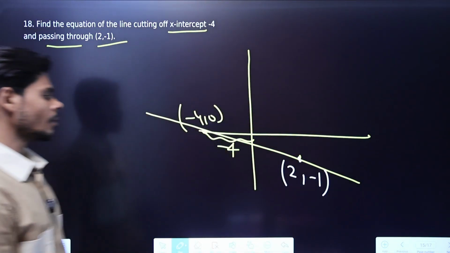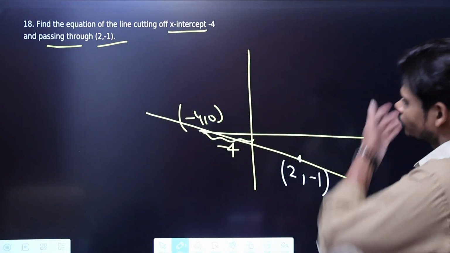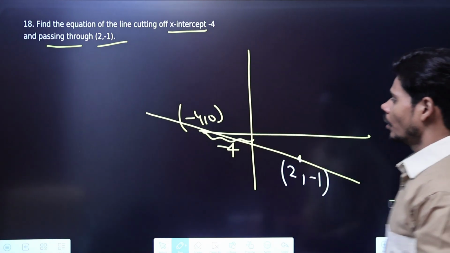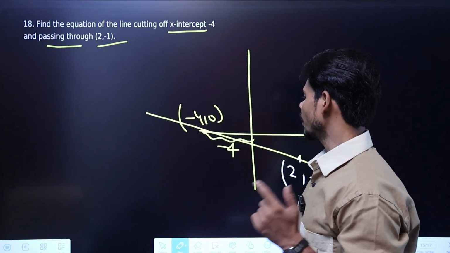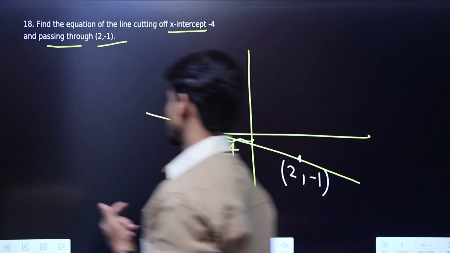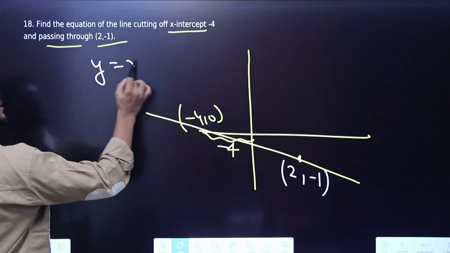Now, this time we are not given, listen carefully, a y-intercept. We can use the formula y is equal to mx plus c if we are given the y-intercept. What if we are not given the y-intercept? This time we are given the x-intercept.